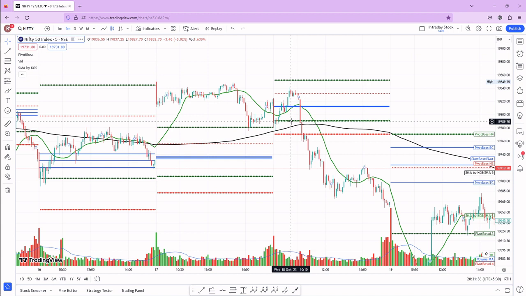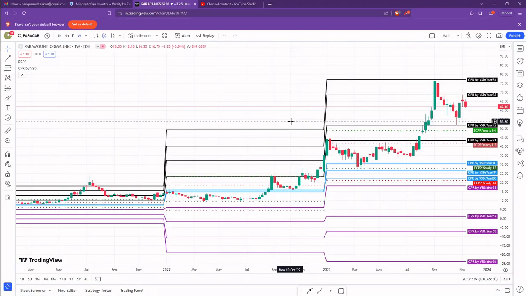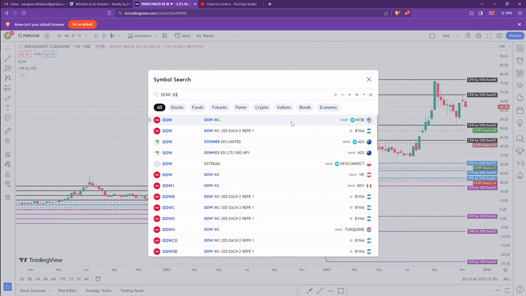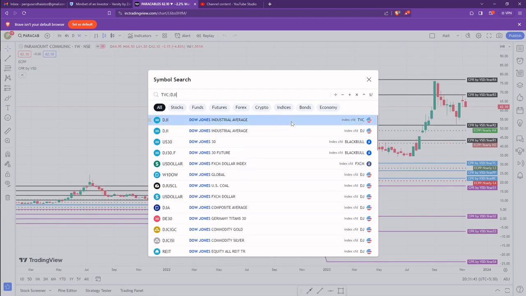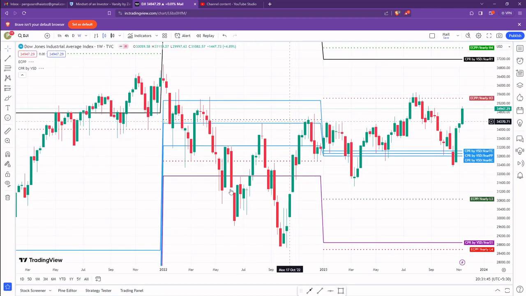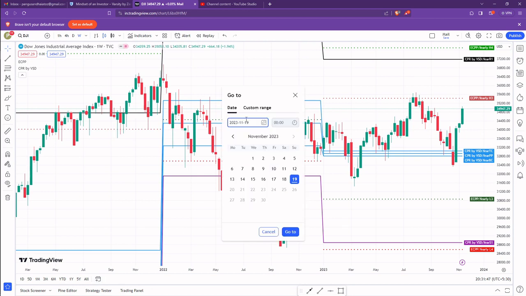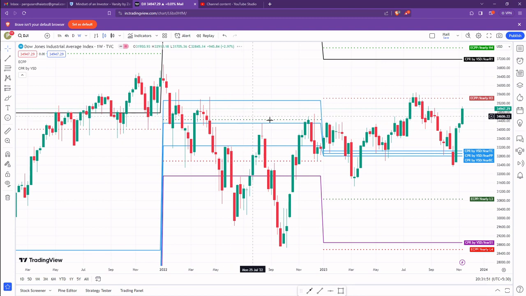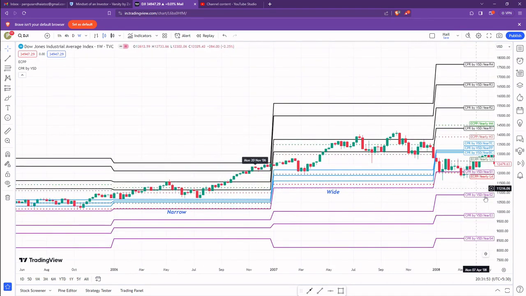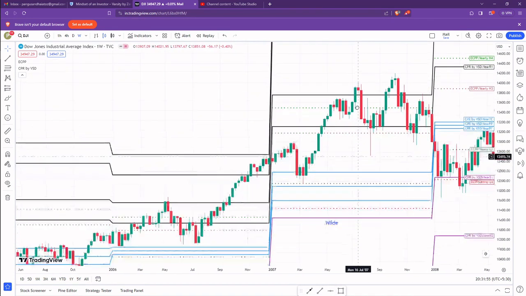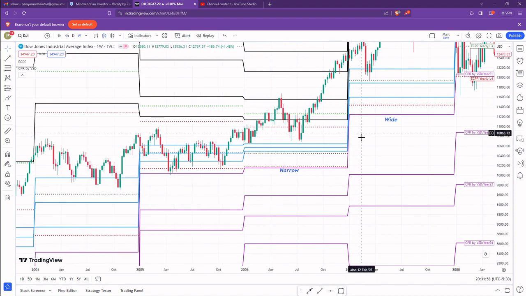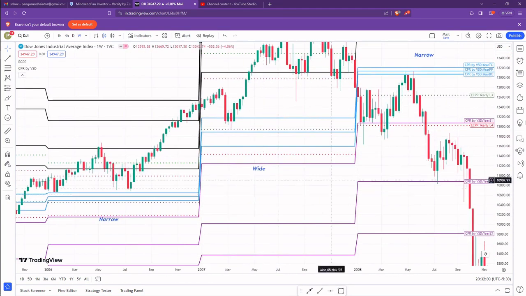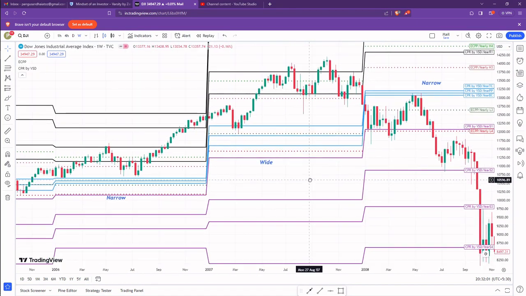Say for example, during 2006 to 2008, let us go over here. He was checking the Dow Jones during 2006 to 2009, and he was able to predict that something unusual was happening, that there would be a trending year or a trading range forming.